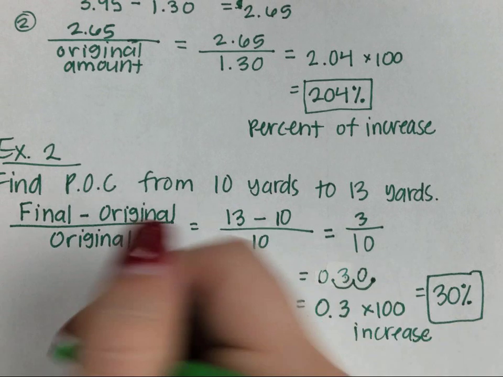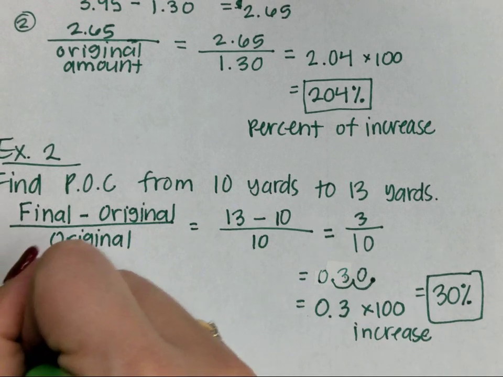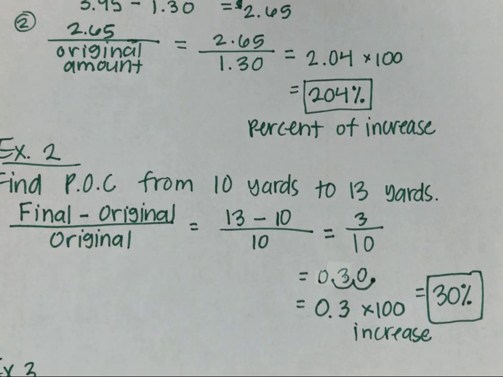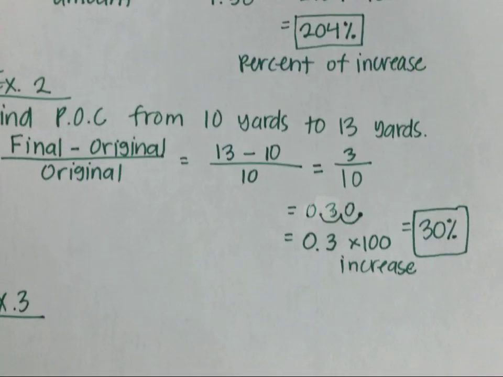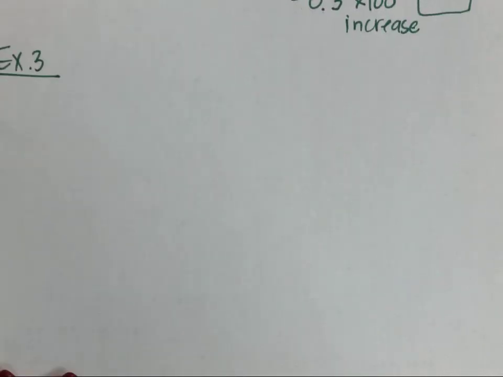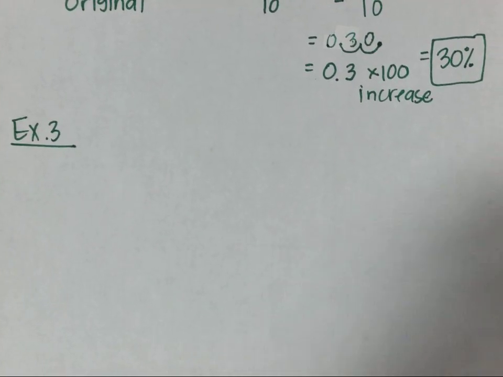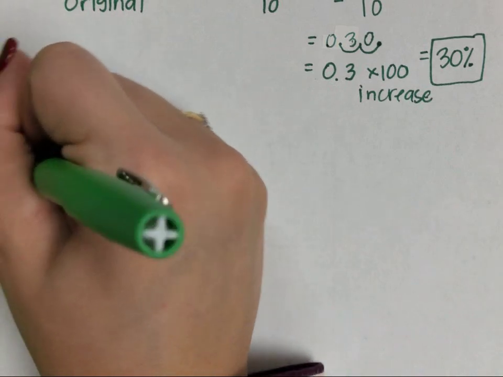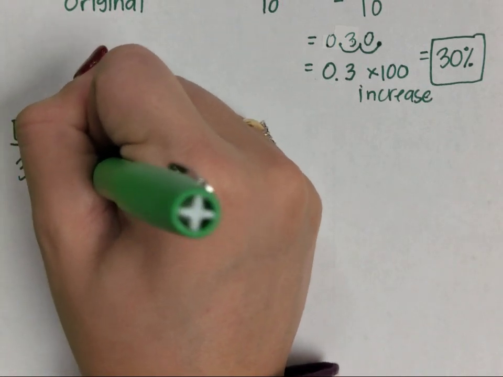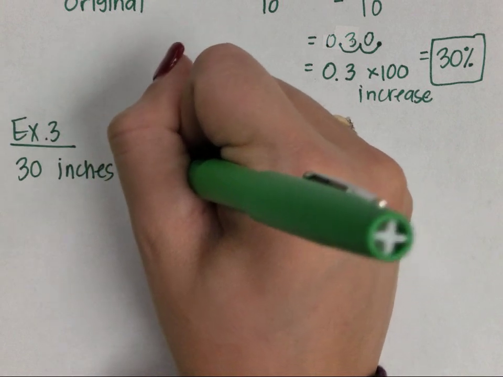All right, one more example, and then I'll let y'all get started on the homework. Okay, so example number 3, we're going to find the percent of change from 30 inches to 24 inches.